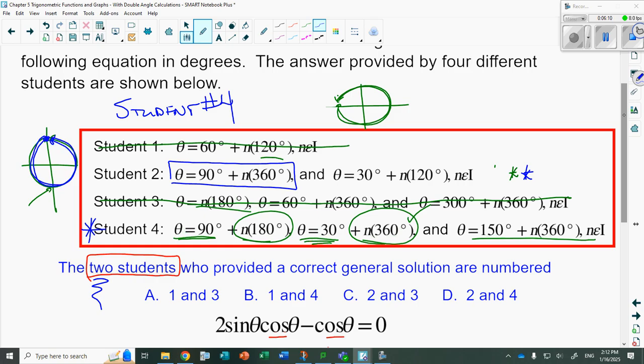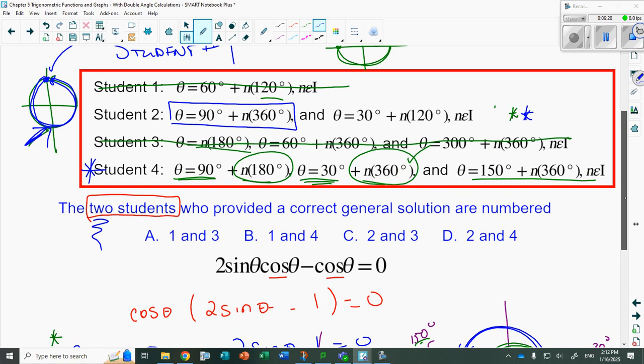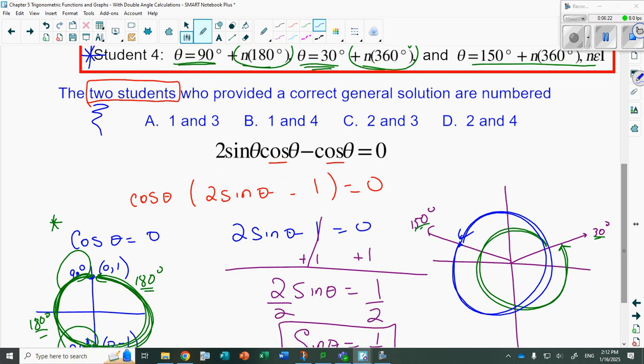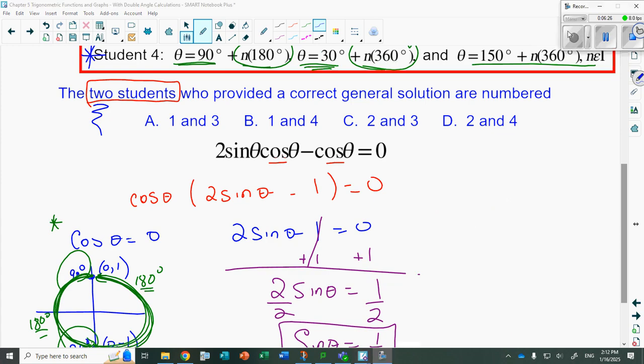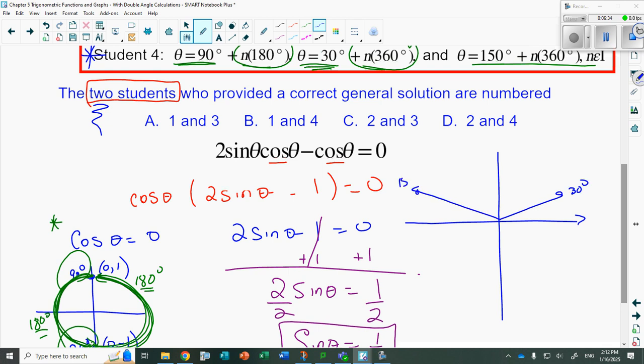So that checks out this point. But what about this point? Remember how I was talking about this point? You're not going to see it unless you draw it all on one axis. Here we go. Hold on a second. Let me clean this up and we'll get to it. I'll show you. Do you remember this guy when we said we're at 30 degrees out here and at 150 out here? Do you remember this?